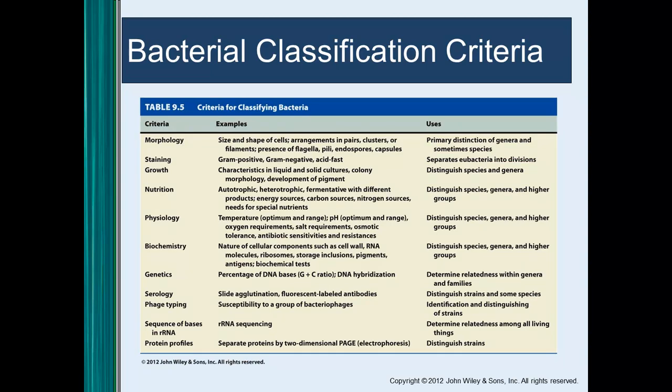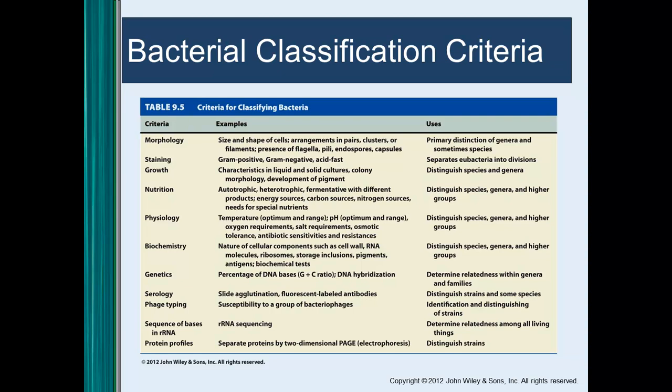Here's a summary of some of the different classification criteria for bacteria. Now we know that, again, most macroscopic organisms can preliminarily be classified according to observable structural characteristics. However, it's more difficult to classify microscopic organisms, especially bacteria, because many of them have similar structures.